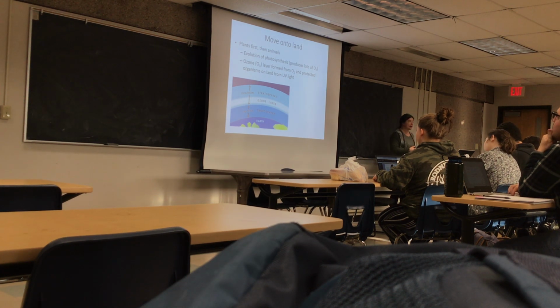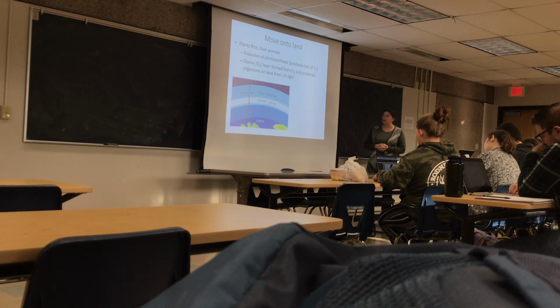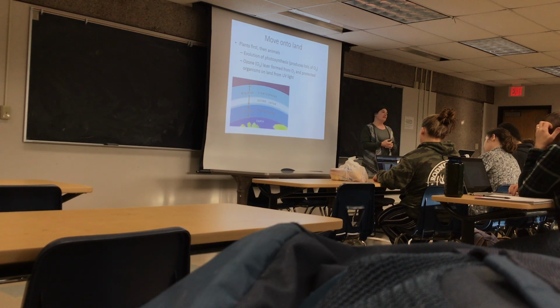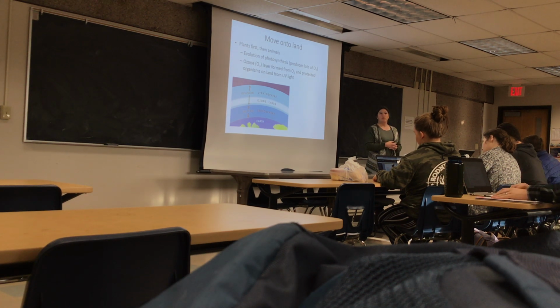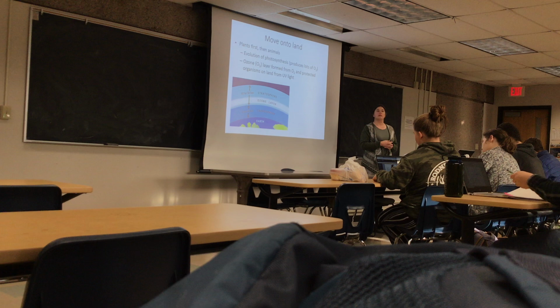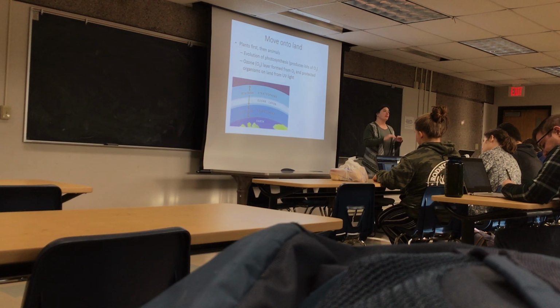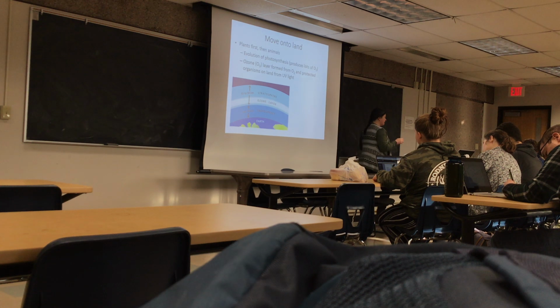And the ozone layer is really important for particularly land-based life because it blocks UV radiation from the sun. So prior to the formation of the ozone layer, organisms living on land would have been constantly bombarded by UV light.